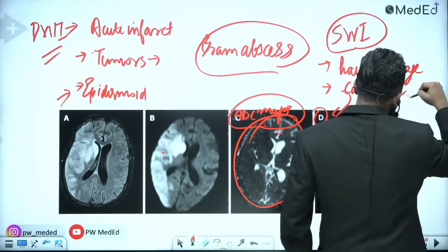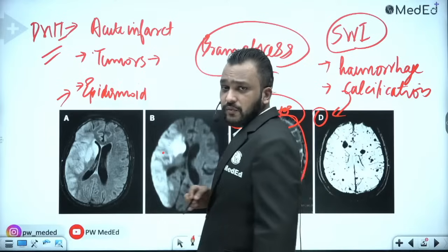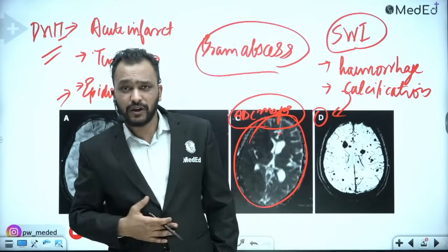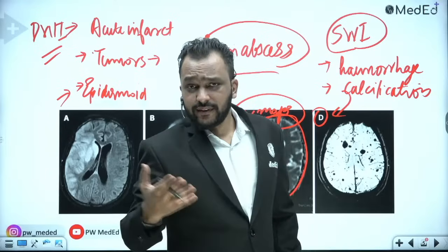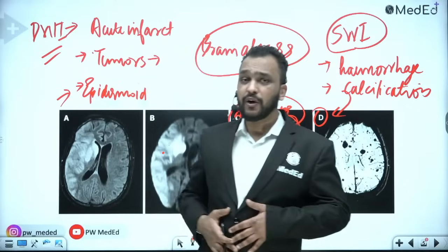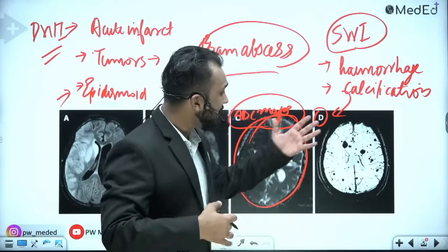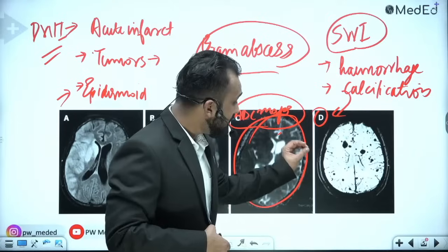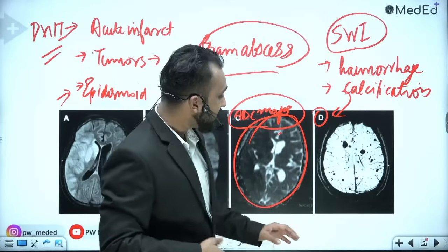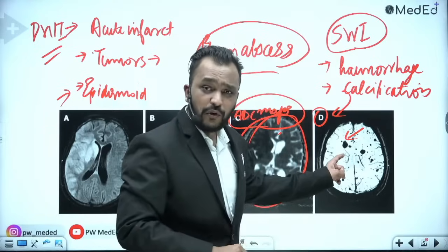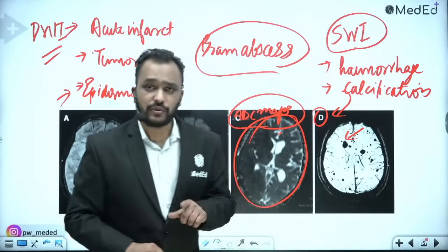If there is any tumor that is showing hemorrhage, for example your craniopharyngioma, it can show hemorrhage. Or if there is any tumor like oligodendroglioma which is showing calcification, both hemorrhage and calcification will show blooming foci. They will appear as dark spots on SWI image. So this was asked in the NEET PG exam also.